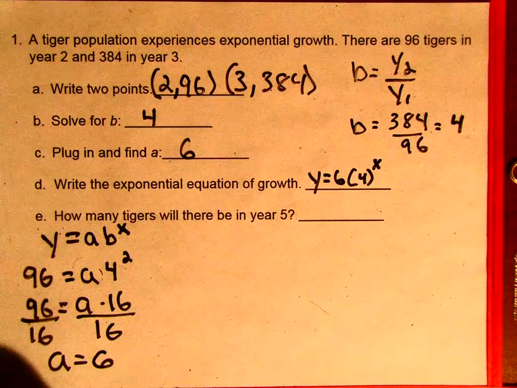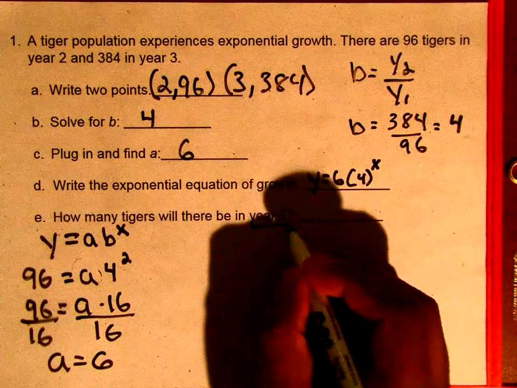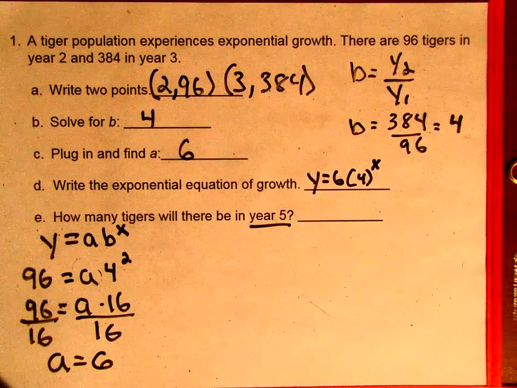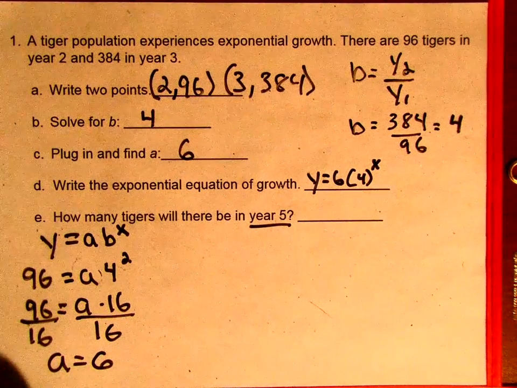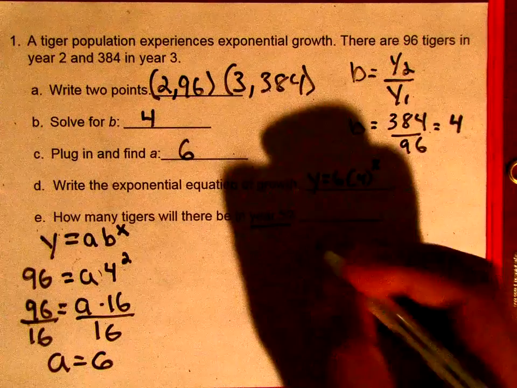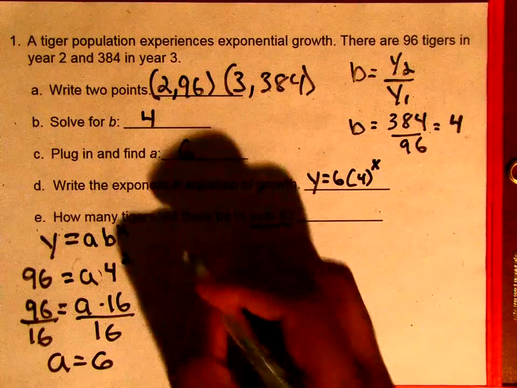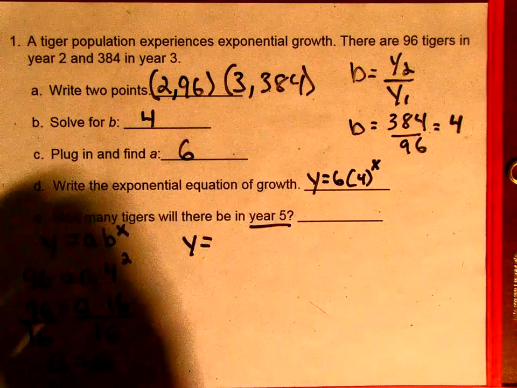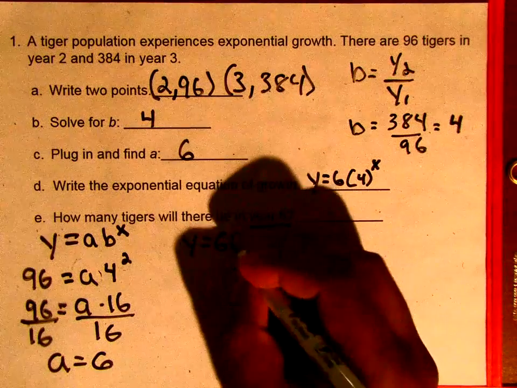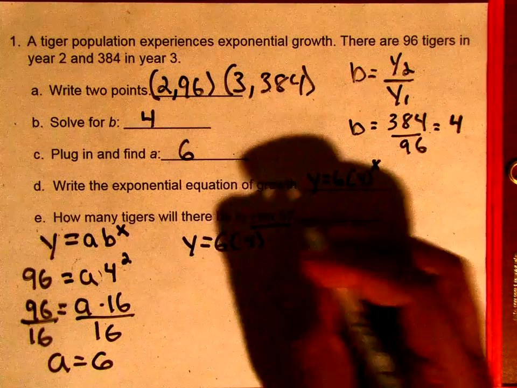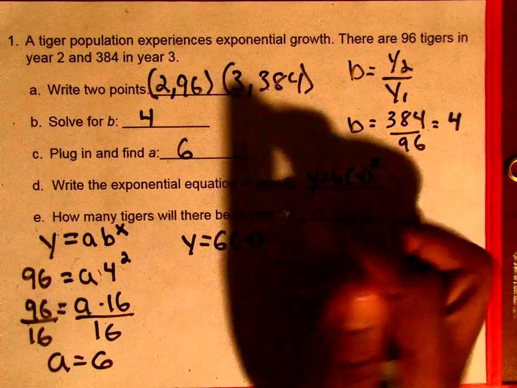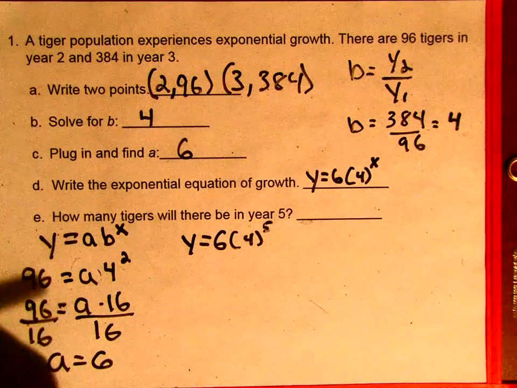All right, so again, they want to know what happens in year 5. So remember, the x is your input value. We're going to plug 5 in for x. So we'll end up with y is equal to 6 times 4 raised to the 5th.